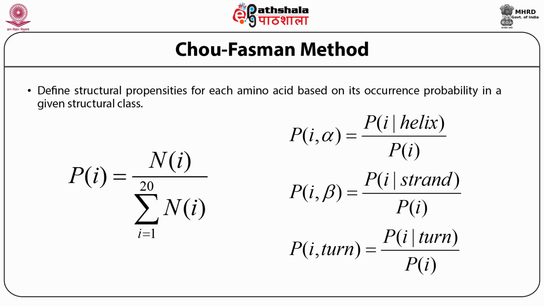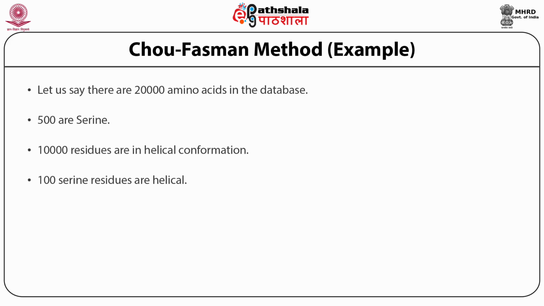This is based on your database search: how many times that amino acid occurs in a helix divided by how many times it occurs at all. So it is the conditional probability that the amino acid occurs in a helix, divided by the probability of existence of the amino acid. That itself is the propensity. Once we have defined these propensities, we can then run through.